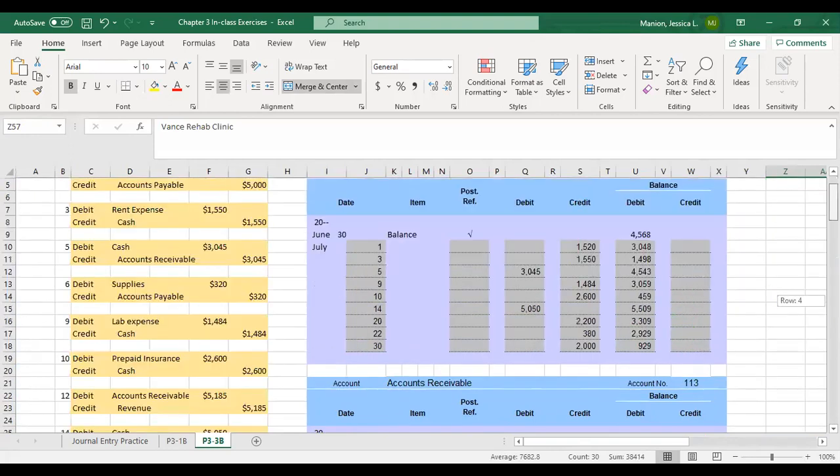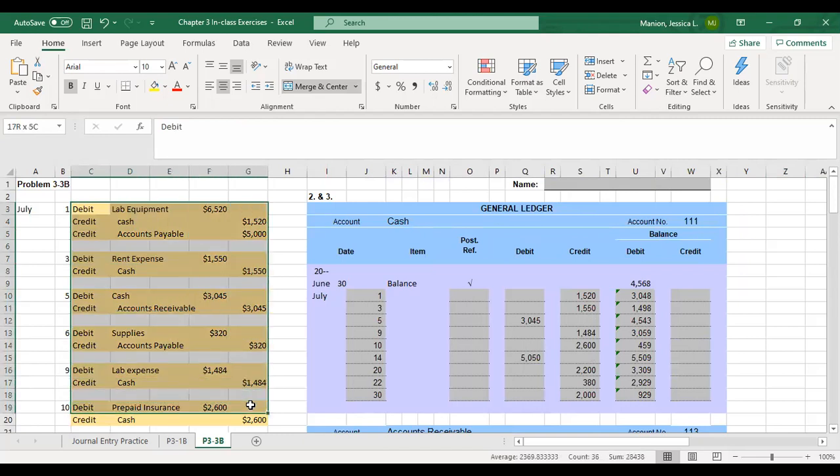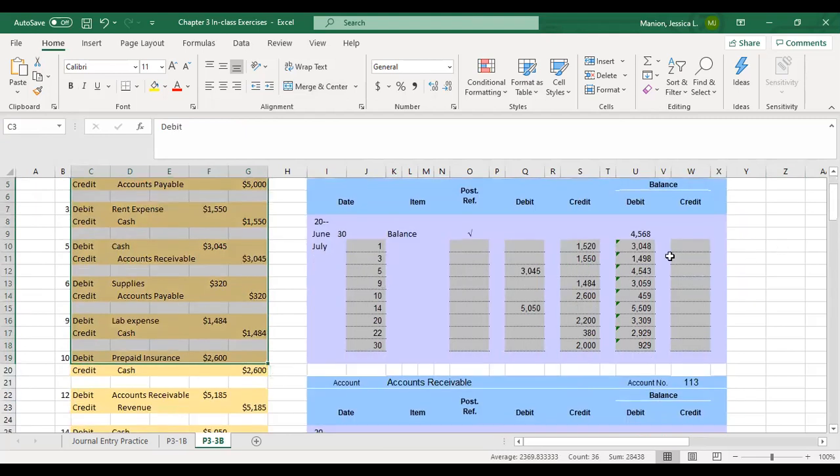Doing the journal entries like this, remember, step 1 of the accounting cycle is analyzing transactions. Step 2 is journalizing transactions. So these journal entries really represent step 1 and step 2 of the accounting cycle. And then posting the transactions.